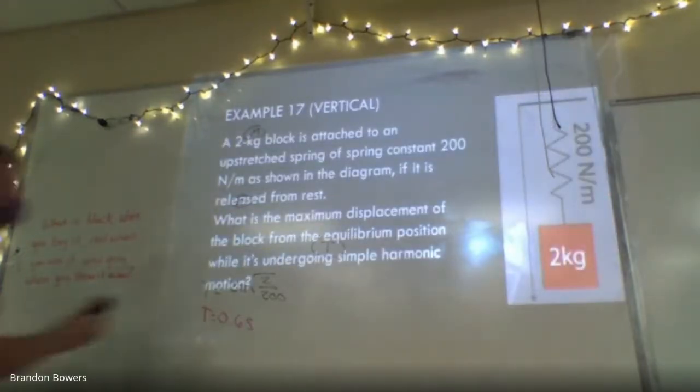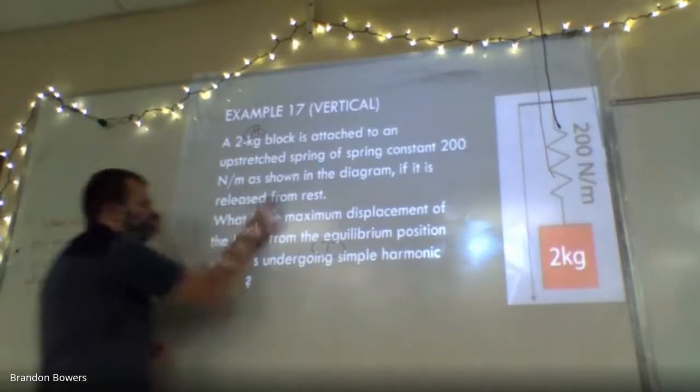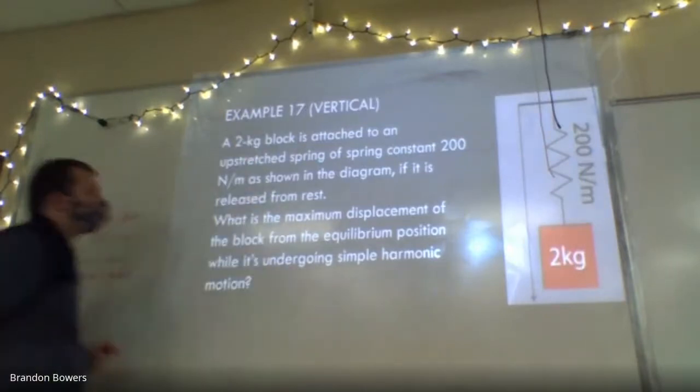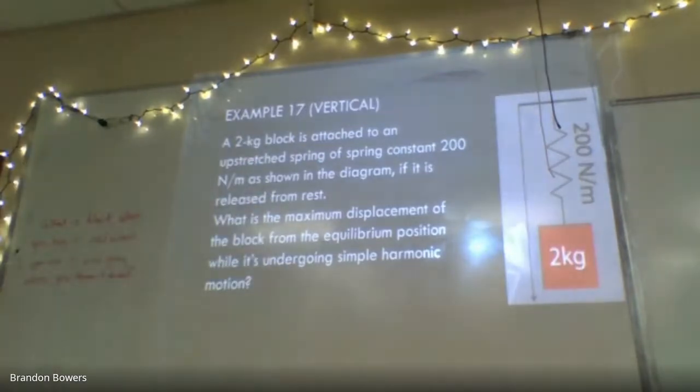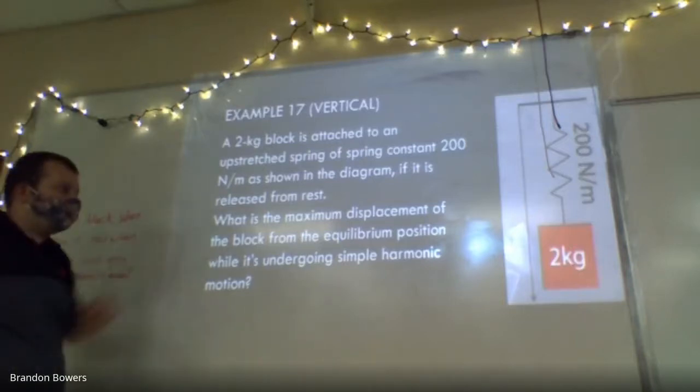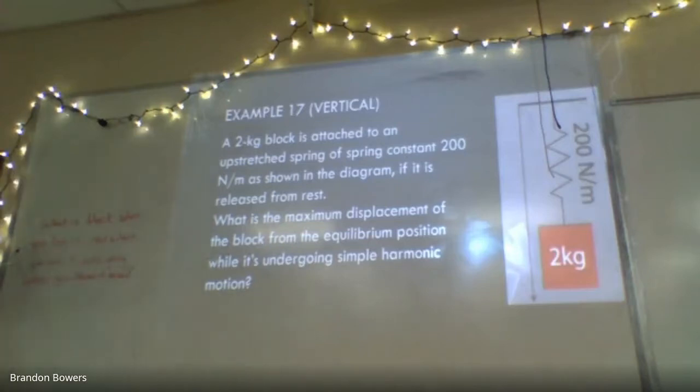A 2 kilogram block is attached to an unstretched spring of spring constant 200 Newton per meter, as shown in the diagram. What is the maximum displacement of the block?